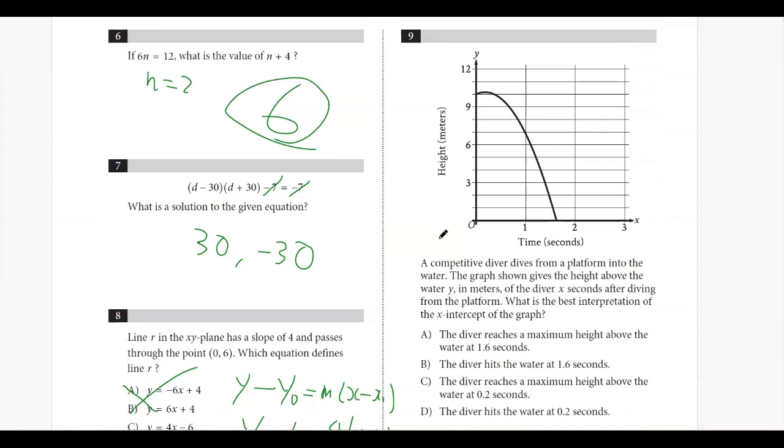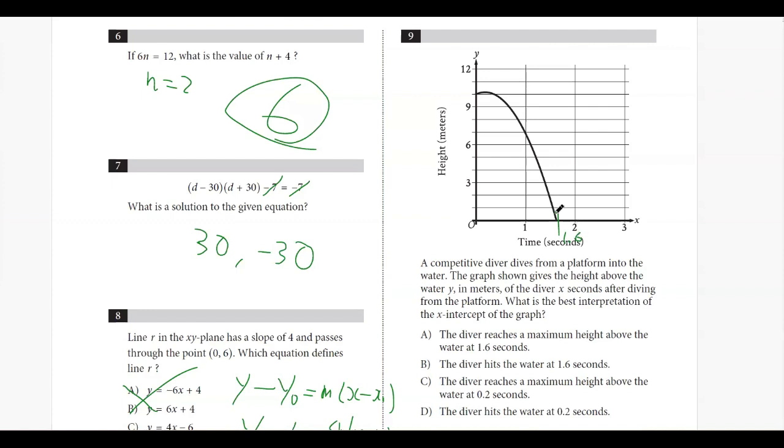When a diver dives from a platform into the water, the graph shown gives height above the water y in meters of the diver x seconds after diving from the platform. What is the best interpretation of the x-intercept of the graph? So when y is equal to 0, a diver will hit the water at 1.6 seconds.